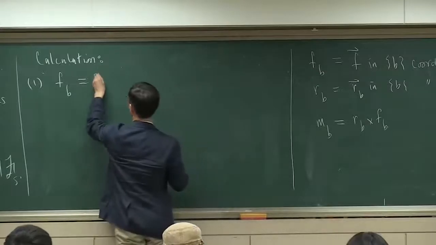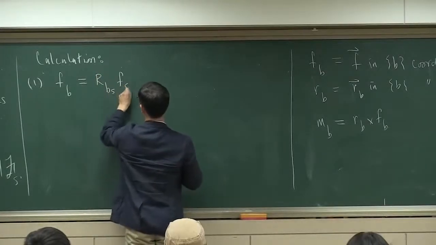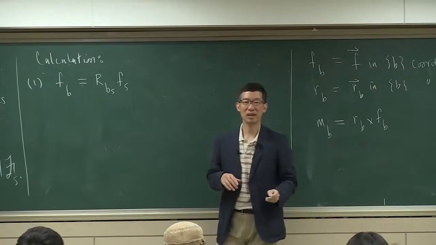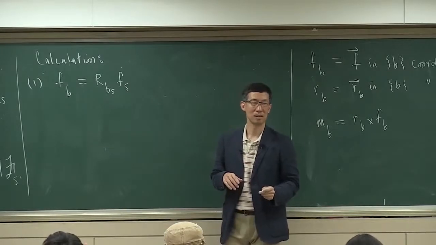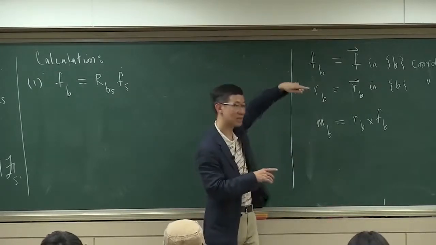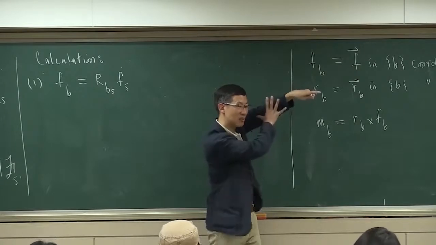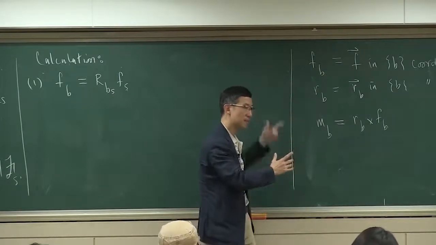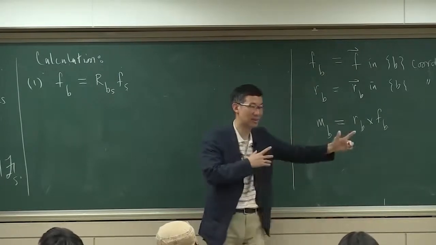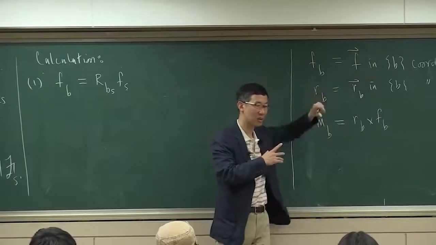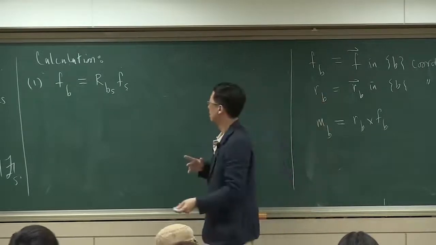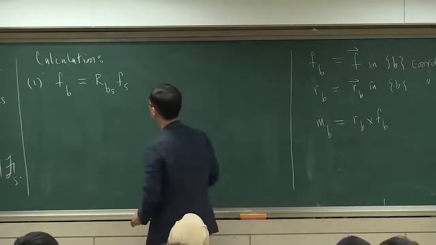Would you agree with that? Think about it. There's this force F sitting in space. You write this force F in terms of the B frame, and you also write the same force in terms of the S frame. It's just a rotation, right? So I can write it this way.